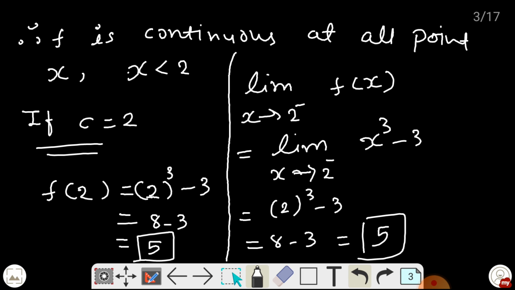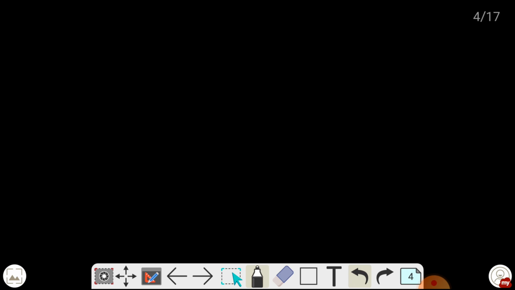So here our left limit and f of c are equal. Let us check for our right limit.